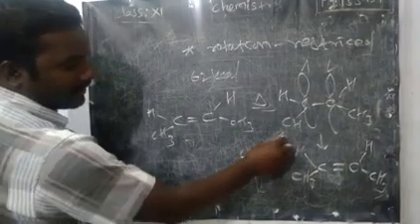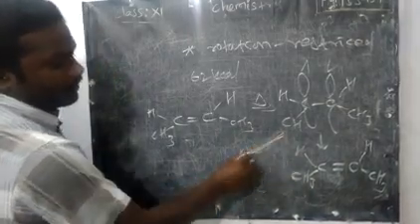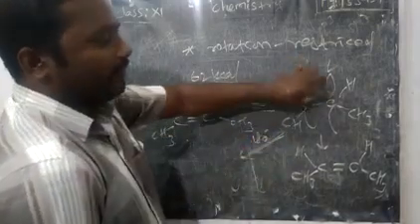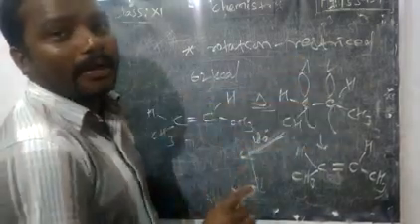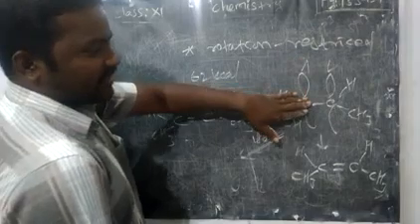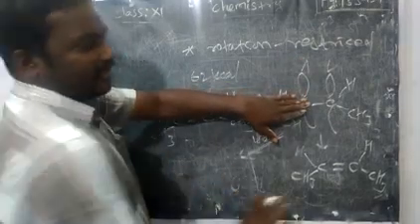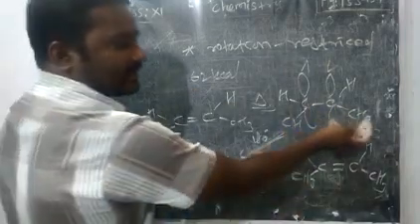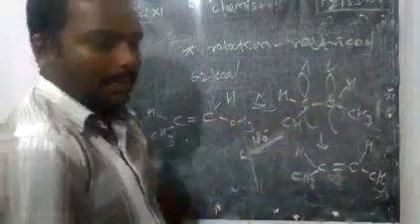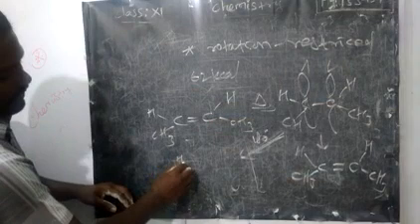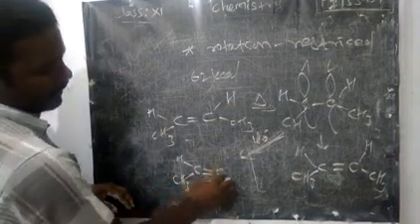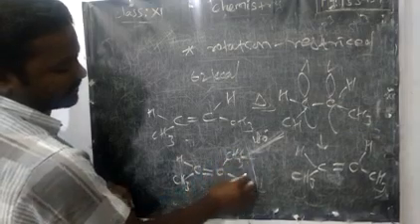Otherwise, this intermediate compound, if you rotate 180 degrees with respect to only one carbon, not two carbons, first carbon you keep rigid. The second carbon alone, if you rotate 180, that CH3 will come up, H will come down. So the new isomer is nothing but the trans isomer.